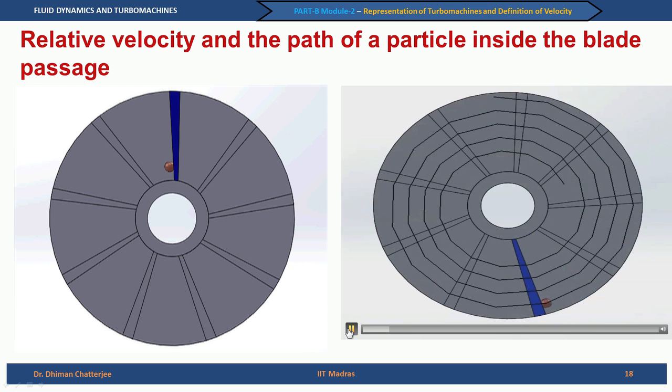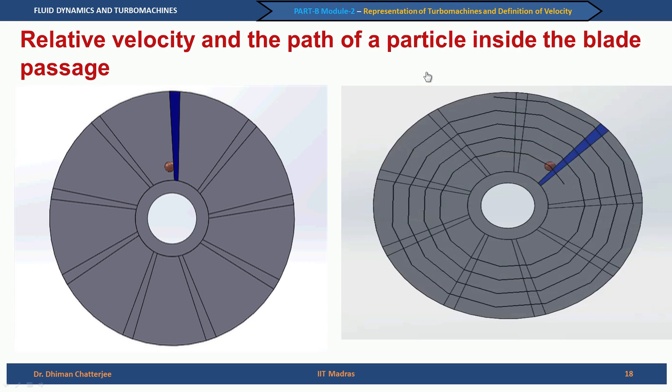So, you see the particle is moving inward, but it is also moving through the whole 360 degrees, and the path that is being traced out is known as the absolute path that the particle will follow. It is a spiral in nature. So, you see again very carefully that from the outer diameter it comes to the inner diameter and traces out these paths.